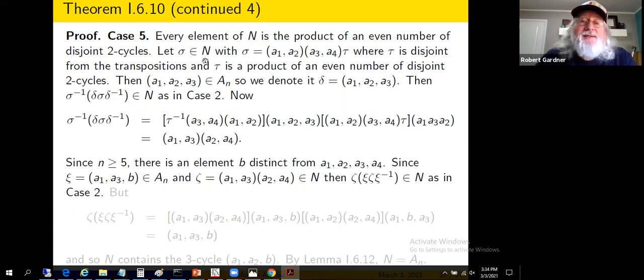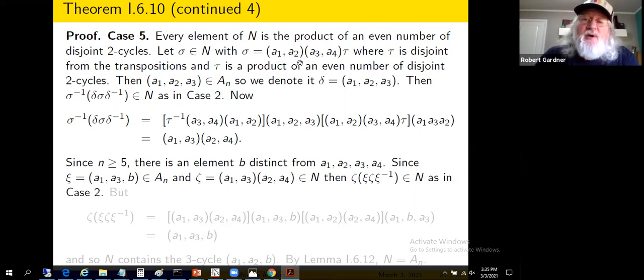So let sigma be in N, where sigma is a product of these 2 disjoint transpositions times some tau. So tau is a bunch more disjoint transpositions. Each transposition in tau is disjoint from the others as well as these 2. That's what we're getting at here.